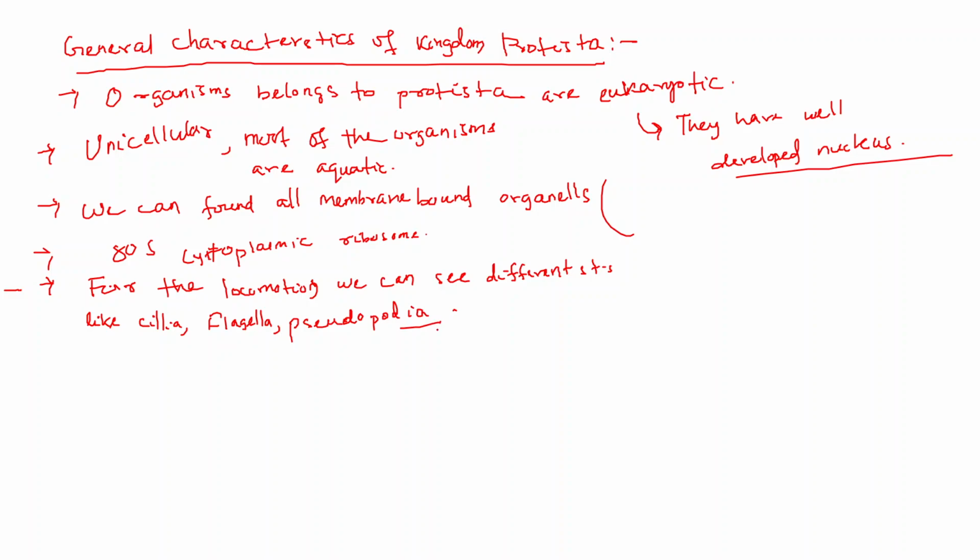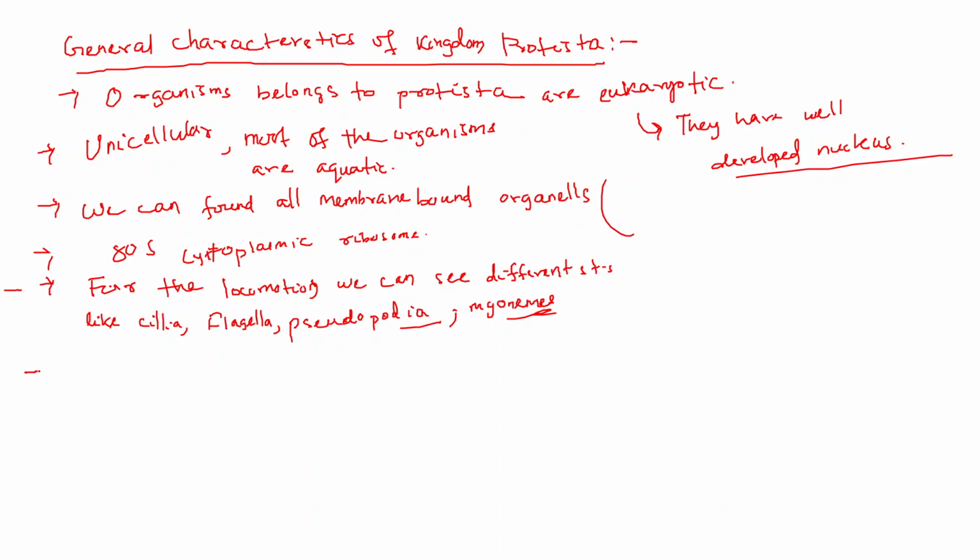These are all locomotory structures. Another structure is myonemes. These are all the locomotory structures which we can notice in different protists. Some protists may have cilia, some may have flagella, some may have pseudopodia, some may have myonemes. Different protists have different locomotory structures.